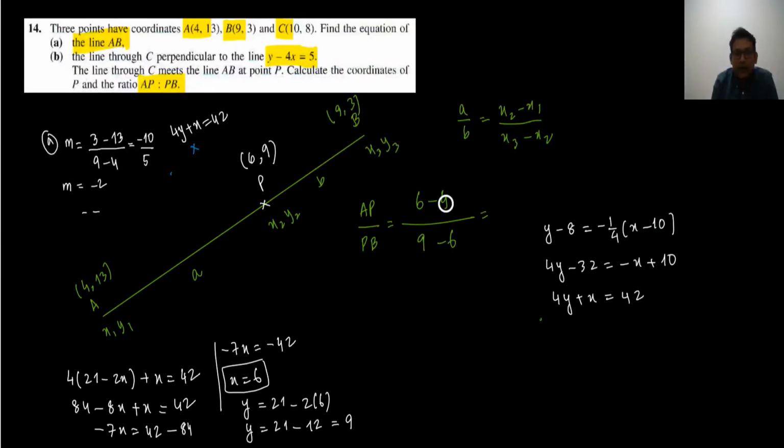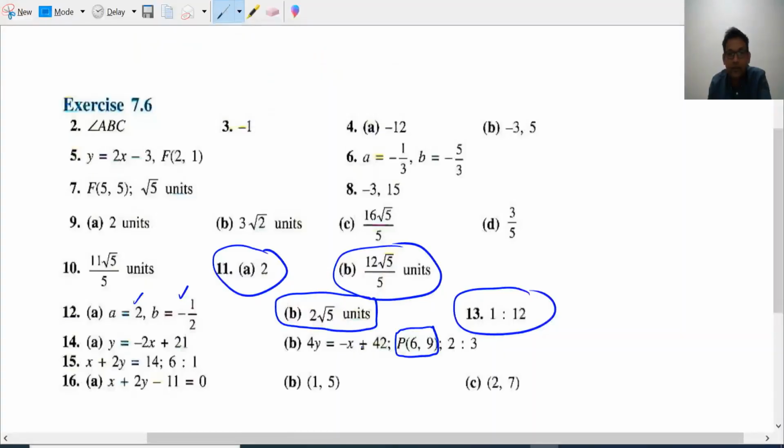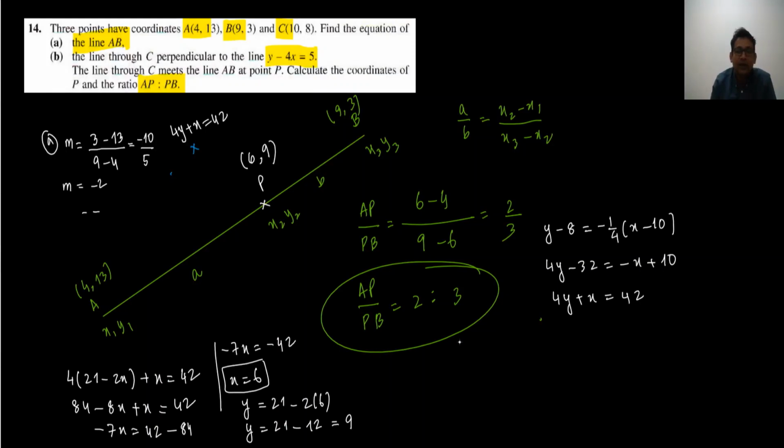So it is coming 2 and 9 is coming. And the ratio between AP and PB, even you can use the distance formula. Let me check the answer: it is coming 2 ratio 9, and we have done it absolutely right.